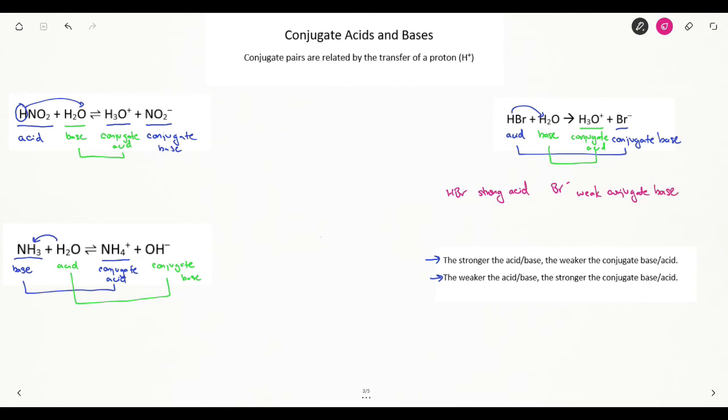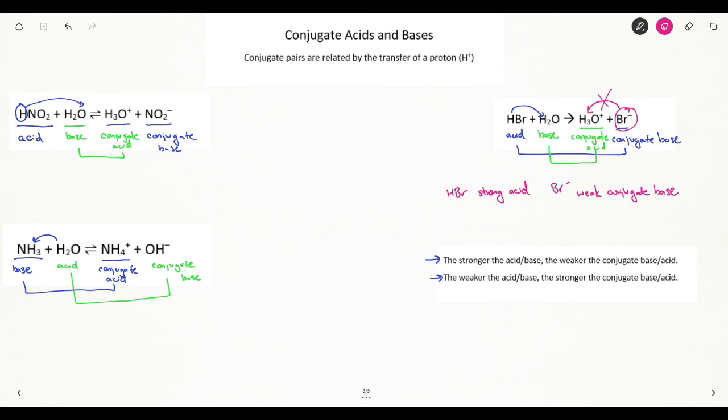You can see this is true also from the chemical equation. We do not have the reverse reaction occurring. The bromide ion is not going to take a proton from the hydronium ion. This does not occur because the bromide ion is such a weak conjugate base. It doesn't have the strength to take a proton from hydronium.